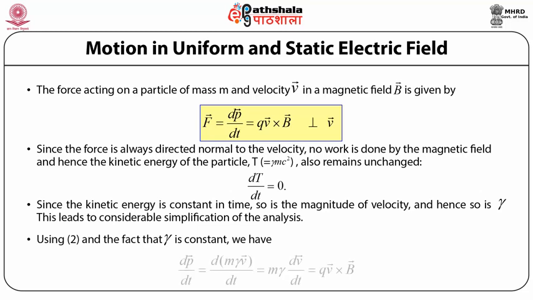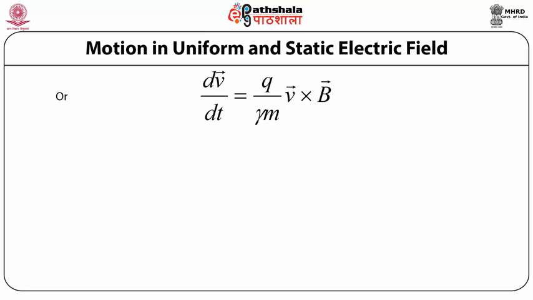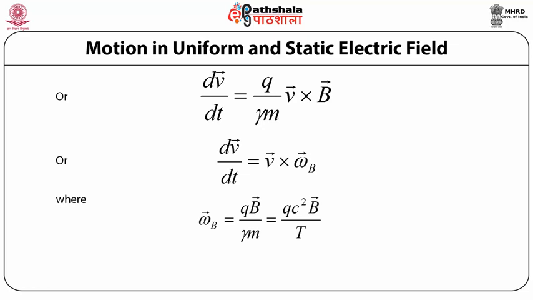Therefore dp by dt equals d of m gamma v by dt equals m gamma dv by dt equals q v cross B, which implies dv by dt equals q by gamma m v cross B, which implies dv by dt equals v cross omega B, where omega B equals qB by gamma m equals qc square B by T.